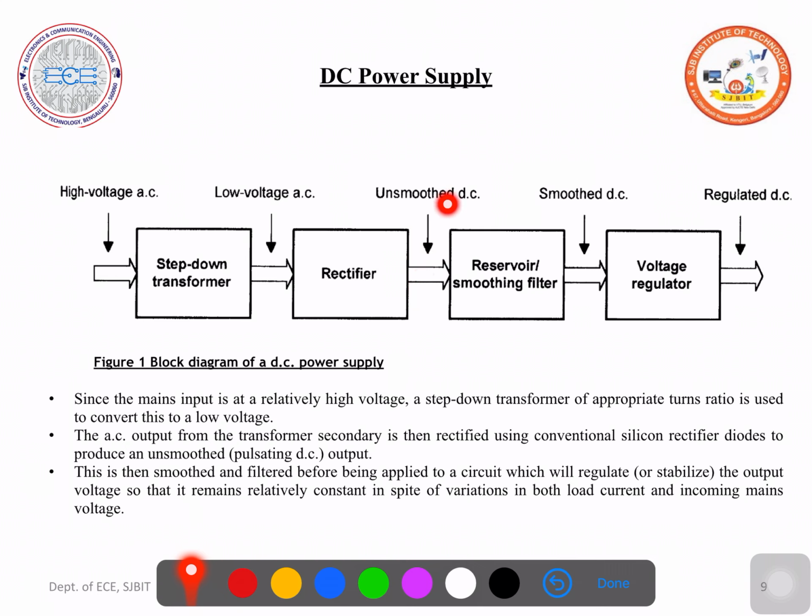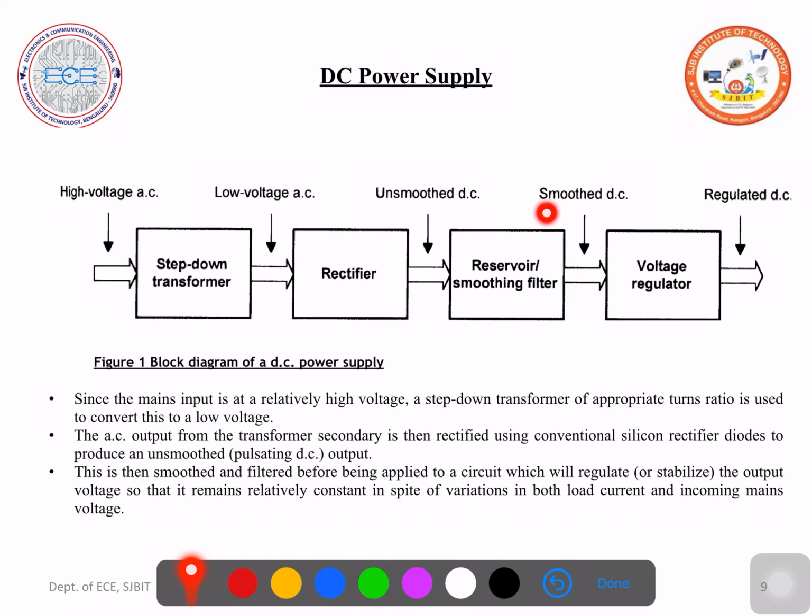This unsmoothed DC is applied to a reservoir or a smoothing filter. Usually a capacitor is used as a reservoir or smoothing filter. This will smooth the DC, that means the ripple will be reduced to a very small value. But we need a constant regulated DC.